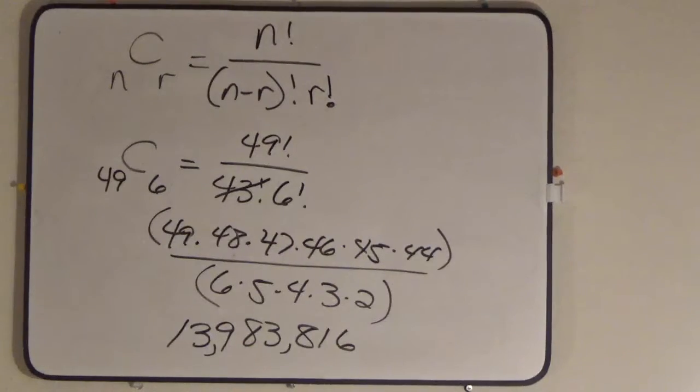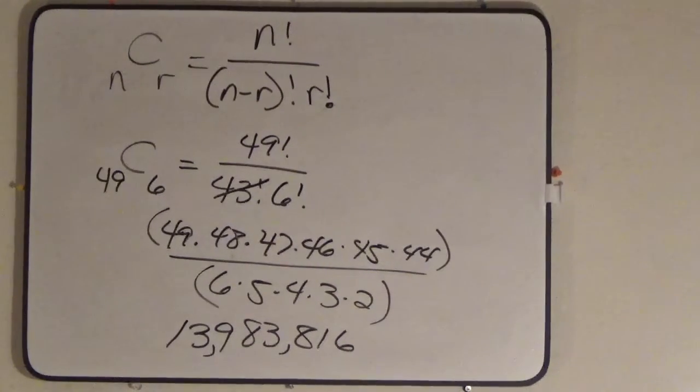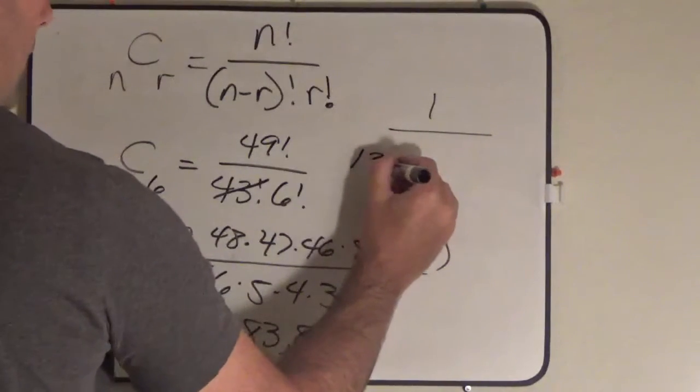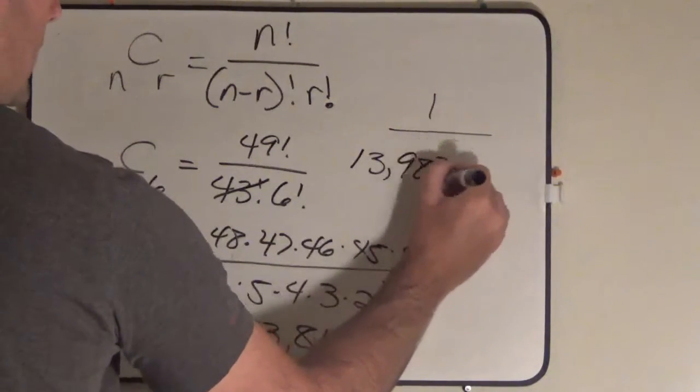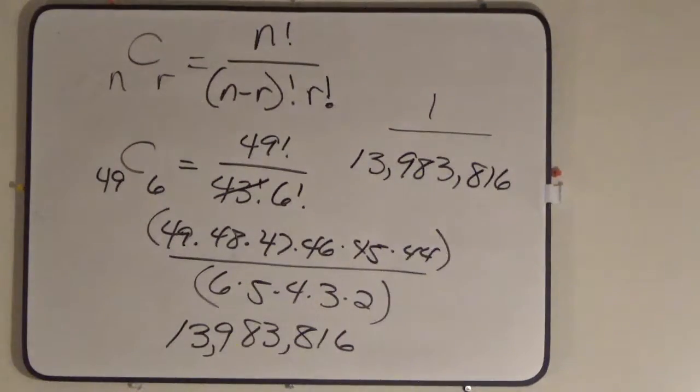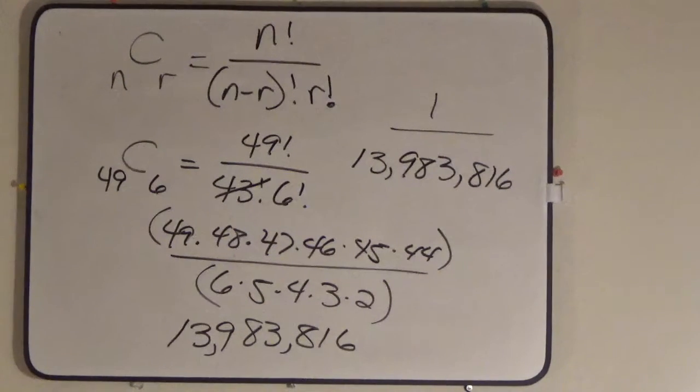1 ticket means that we have a 1 in 13,983,816 chance of winning.